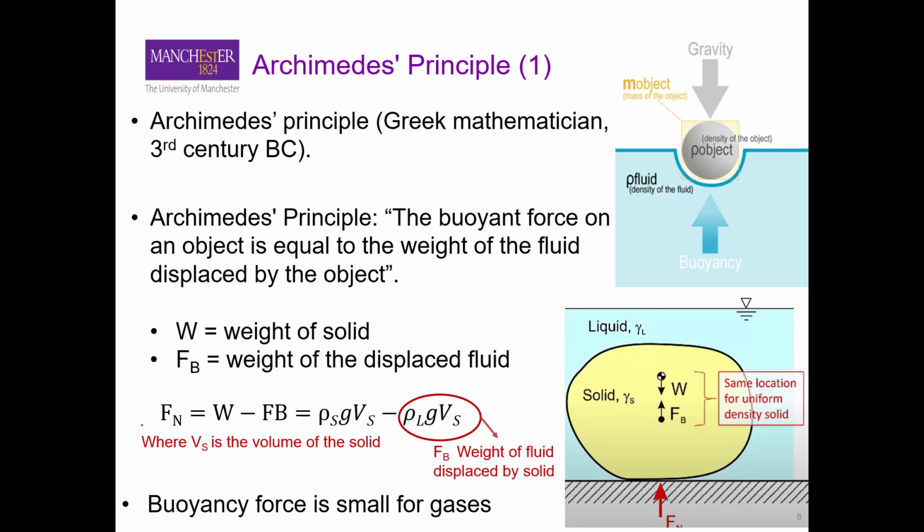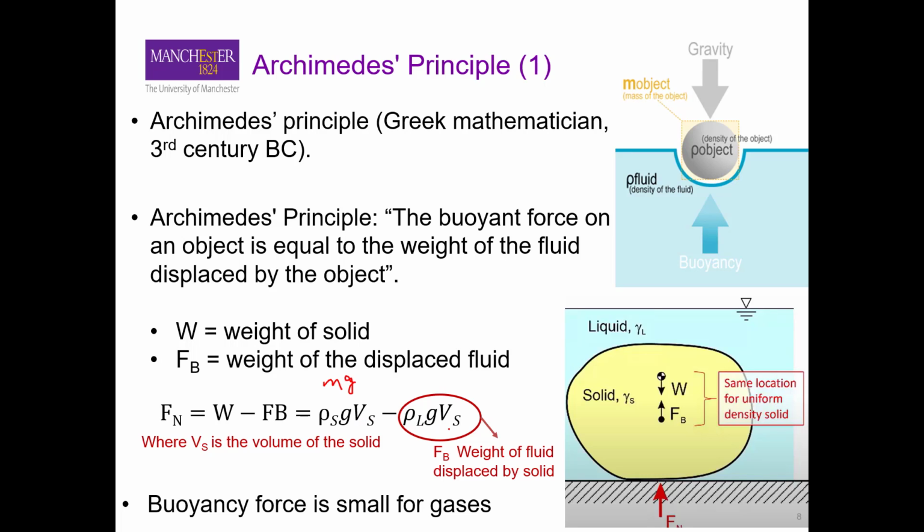Just by doing a simple force balance, we can see that the net force on this object immersed in water should be equal to the weight minus the buoyancy force, that is Fb. The weight of the solid is fairly easy to write, that is mg, and we can write m in the form of the density of the solid times the volume of the solid.